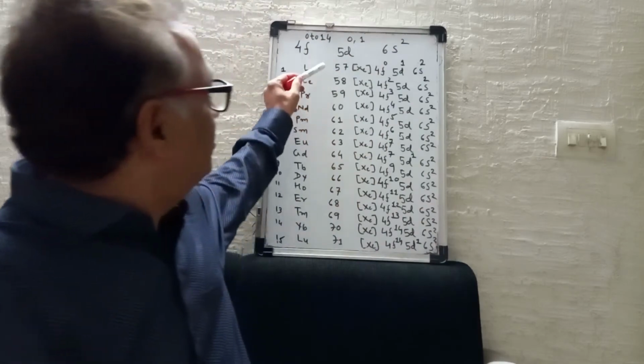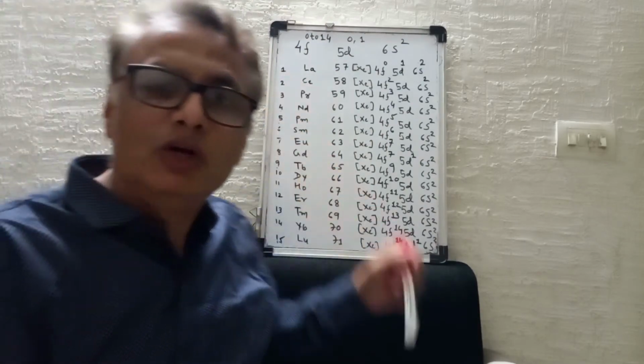However, all 15 elements from lanthanum to lutetium, atomic number 57 to 71, are considered lanthanide elements since all 15 elements have similar chemical and physical properties.